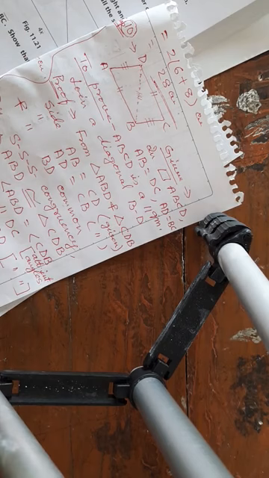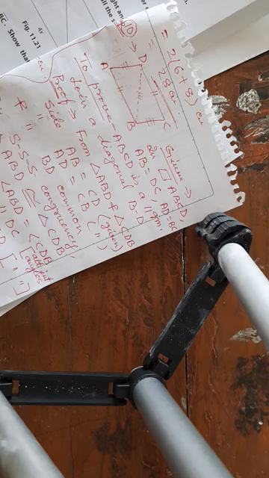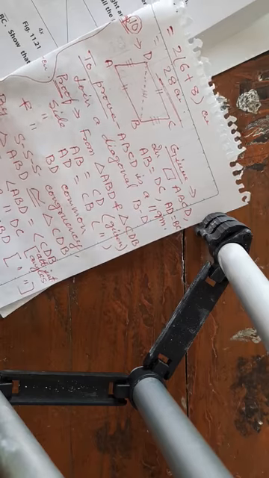If all three sides of a triangle are equal to all three sides of another triangle respectively, then both triangles are said to be congruent, and this condition is called SSS congruency condition.